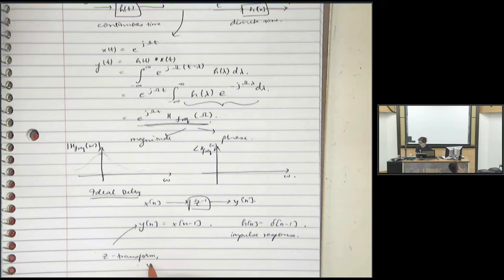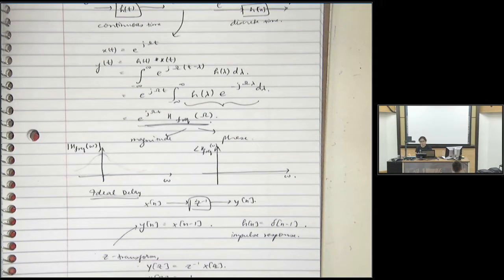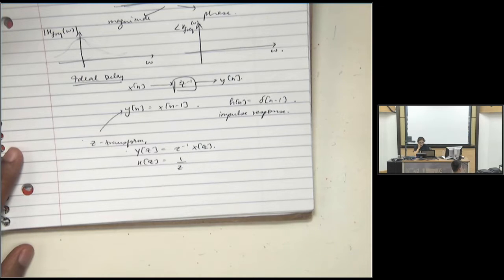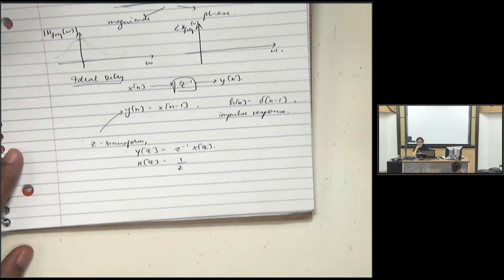Y of z is equal to z inverse x of z. So my h of z is equal to 1 over z. Correct?